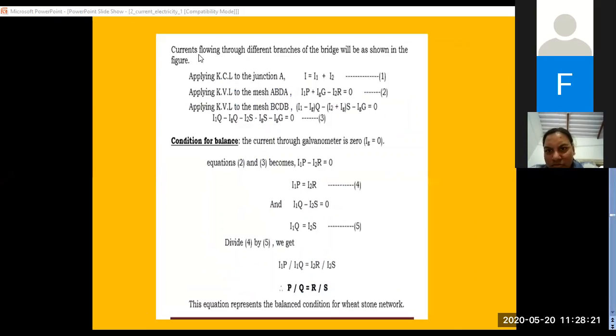To start with your derivation, observe carefully. Current flowing through different branches of the bridge will be as shown in the figure. Your diagram we've already shown to you.